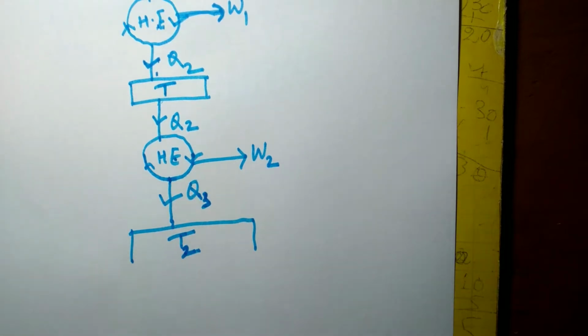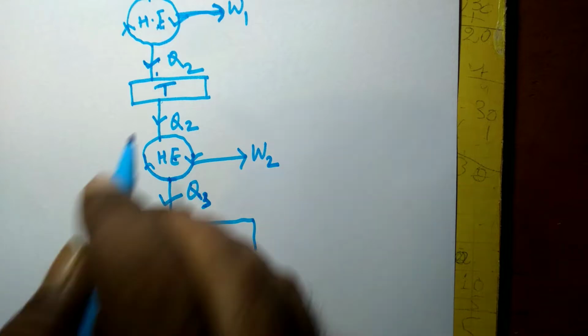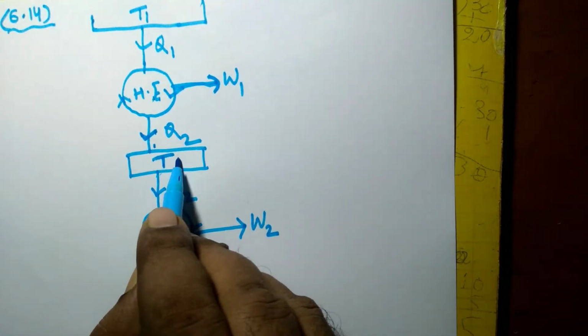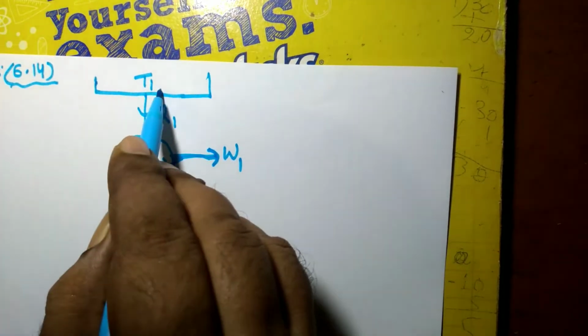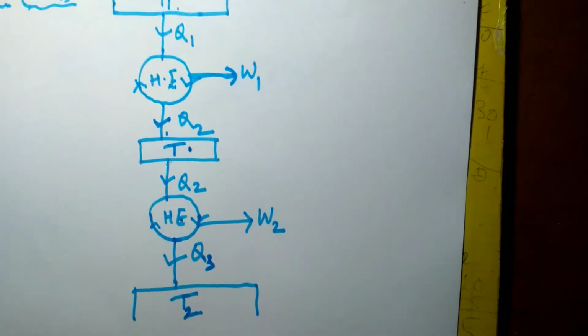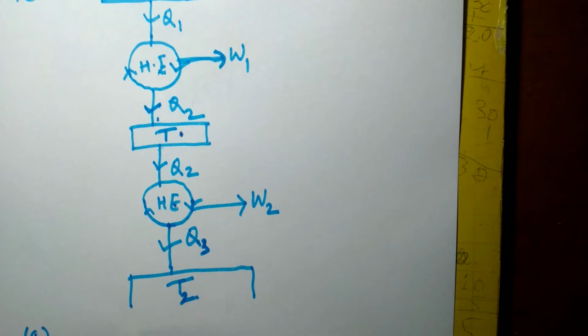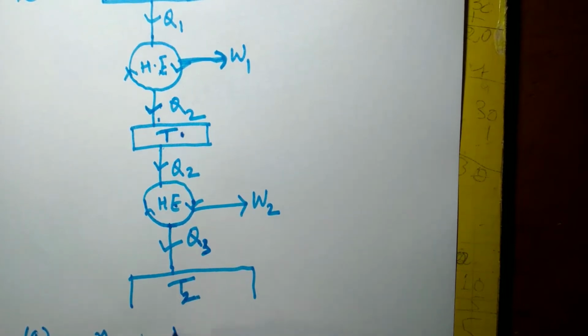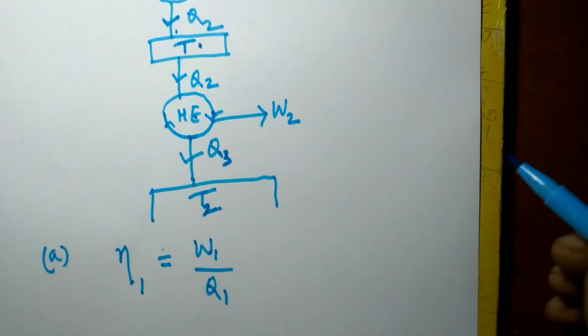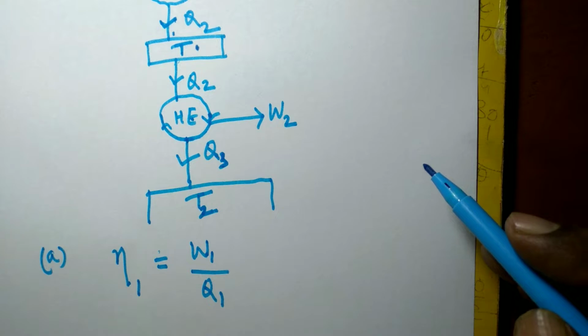So the first bit we have to prove is that if the work produced by these two engines is the same, then the temperature T is the arithmetic mean of temperatures T1 and T2. So we know that efficiency of engine 1 is equal to W1 divided by Q1, because efficiency is work output divided by heat input.